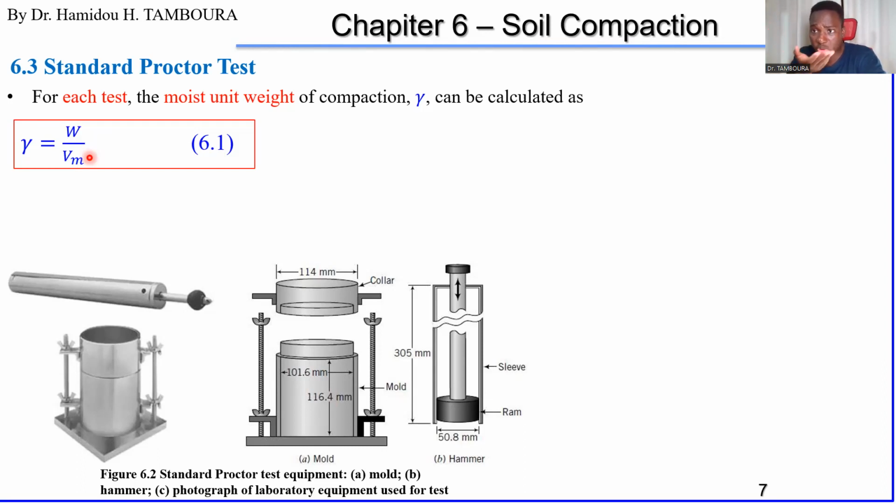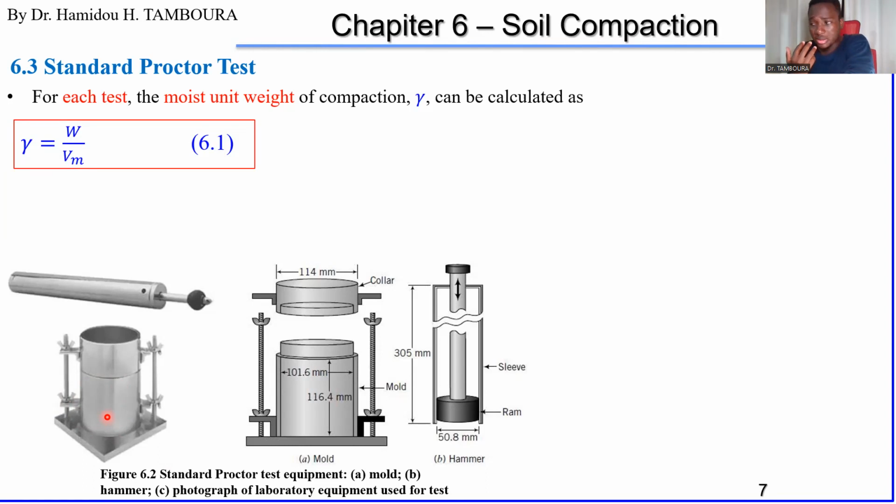Okay, this is how you get the weight. And to get the weight, you can just go and weigh this mold. Of course, you know already, you can know the self weight of the mold, means without soil. The empty one, you weigh that first, you know the weight. So no need even to give you the weight here, you can do it by yourself.